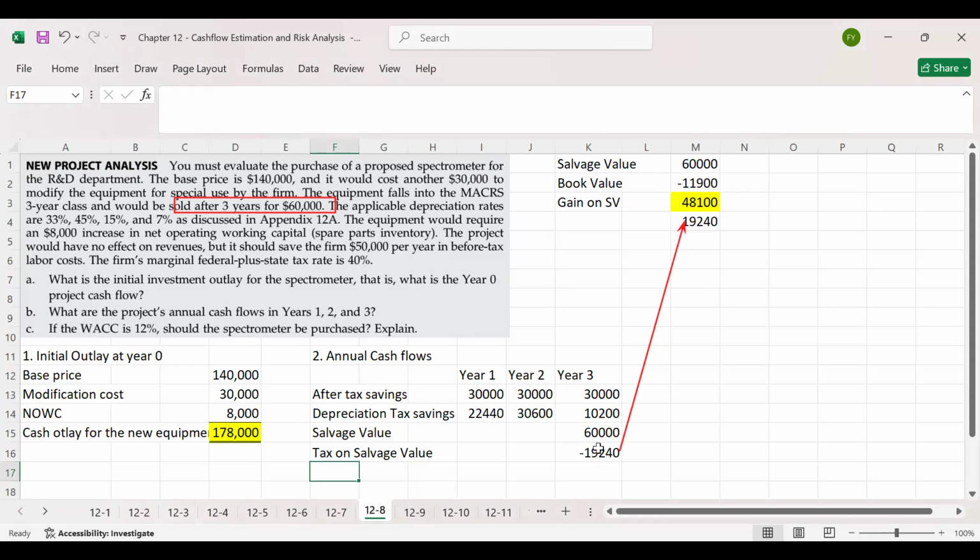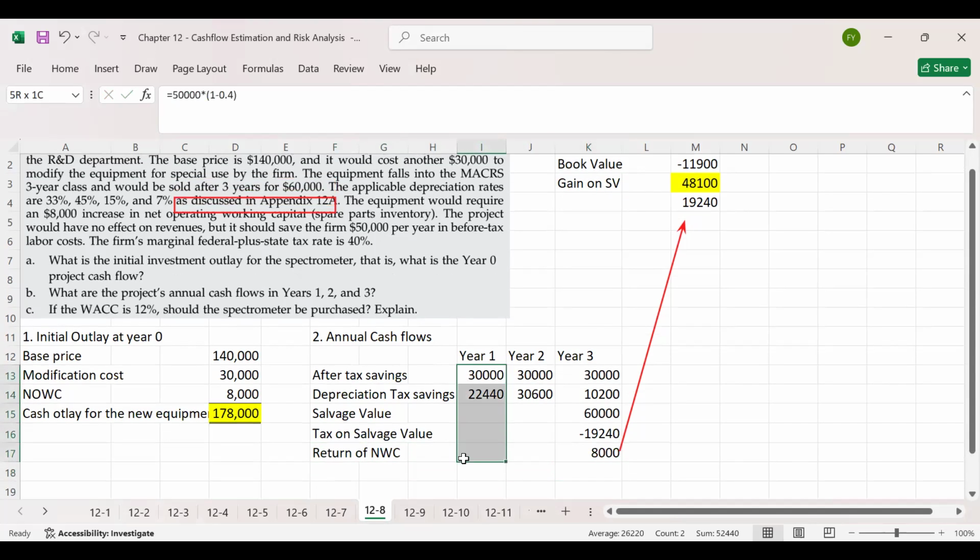So when in the third year the company sold this equipment, the company got back its 8,000 spare part inventory. So return of net working capital, which is 8,000. And this is of course in year 3.